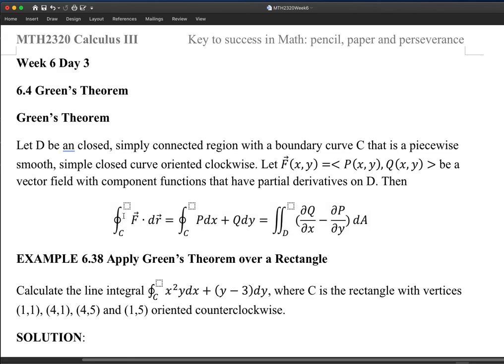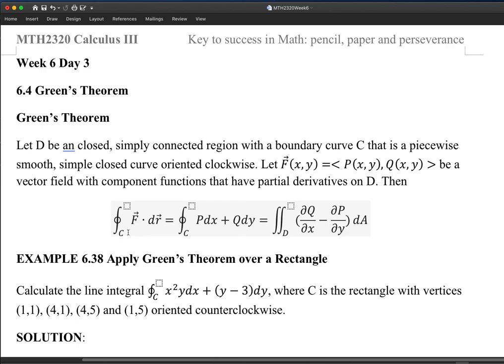So when you have a line integral for a conservative vector field, it turns out to be the double integral of 0, which is still 0. So like we discussed previously, the line integral for a conservative vector field on a closed curve is 0. So it is really consistent with the fundamental theorem of line integrals.